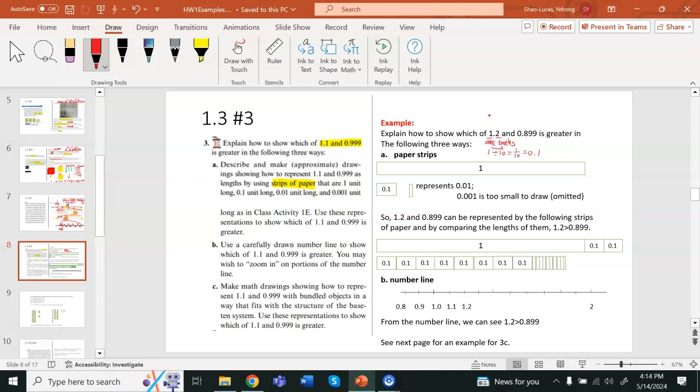Dividing 1 by 10 literally means we take this paper strip and cut it into 10 equal parts. I didn't really show it here, but you could do that, and you just use a ruler to help you cut it into 10 equal parts. I'm going to just do a rough drawing here, so it may not be the exact size.